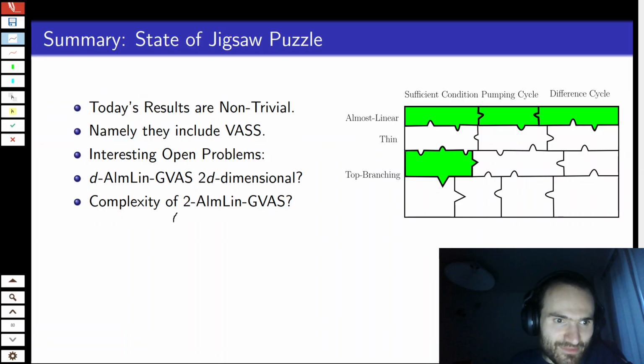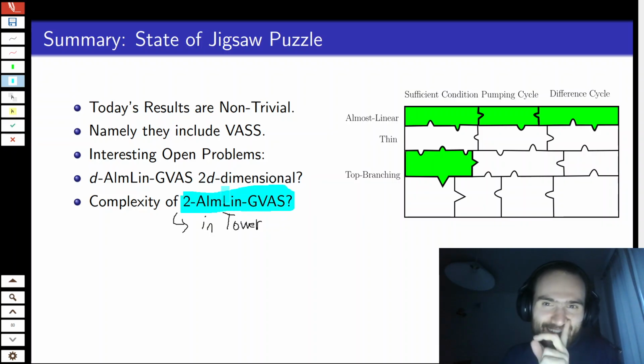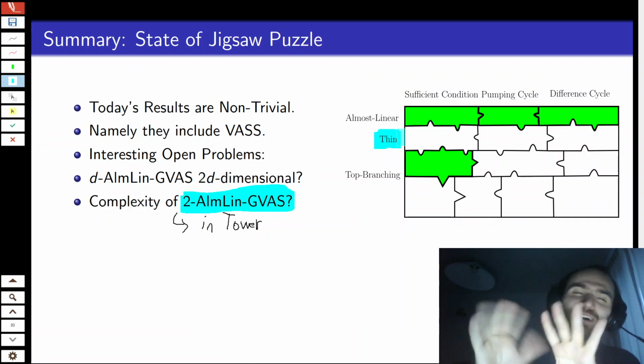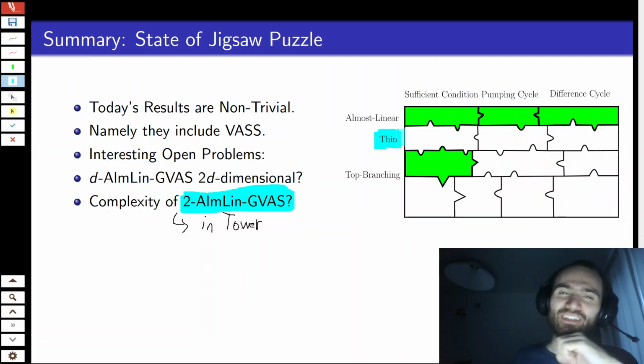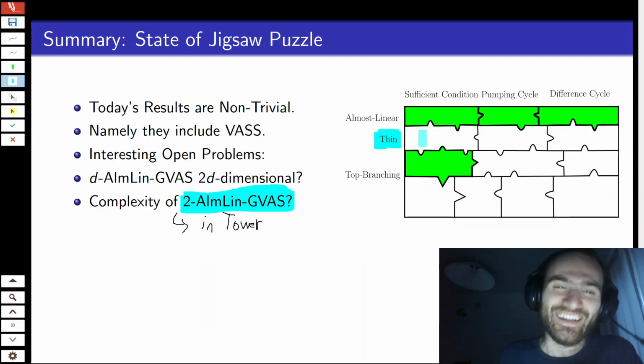At the moment, I'm heavily trying to put this into tower, and it's kind of fighting me. If I manage to put this into tower, then I'm pretty sure I also get it for thin. For 2 counters, there is not yet a difference between thin and almost linear. But somehow it doesn't want to work. These almost linear 2-counter GVAS are fighting me on every single side.